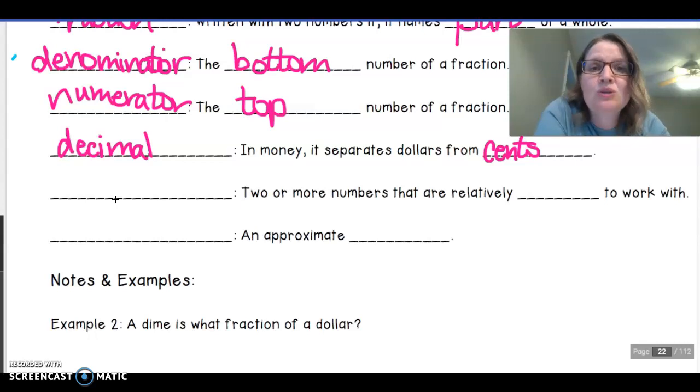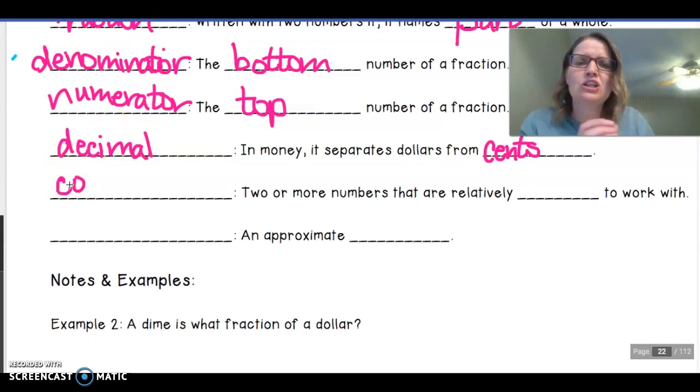A compatible number for that would be $9.50. Not exactly the number, but easier to add or subtract if we need to. So compatible numbers are not necessarily rounding numbers, but numbers that are close to the one we're working with that make it easier for us to work with it.